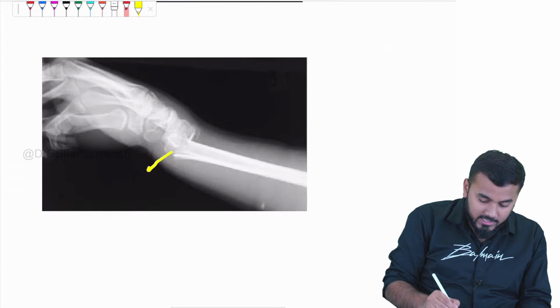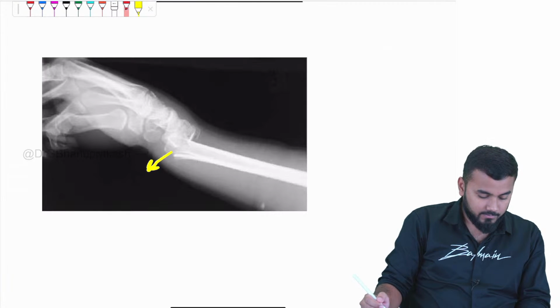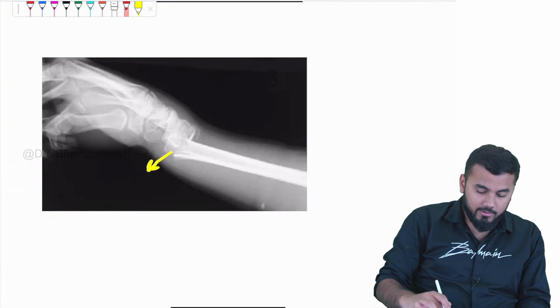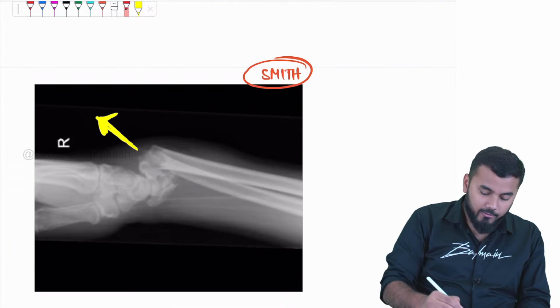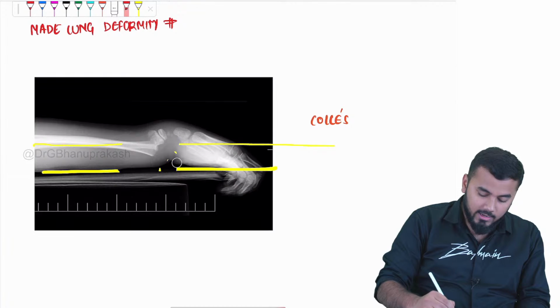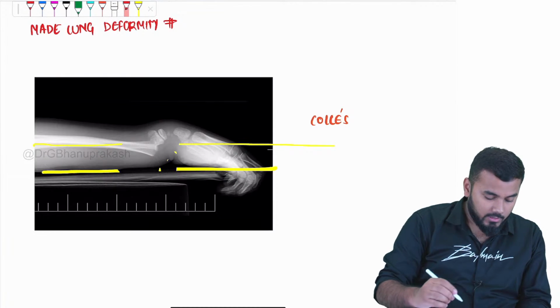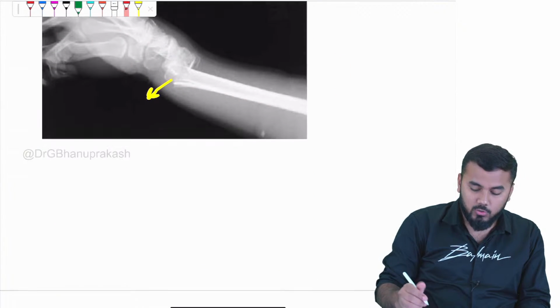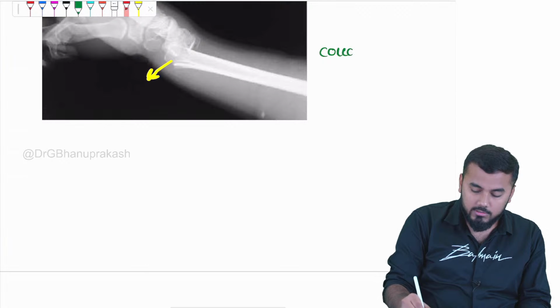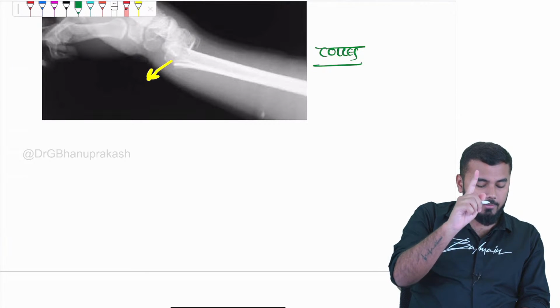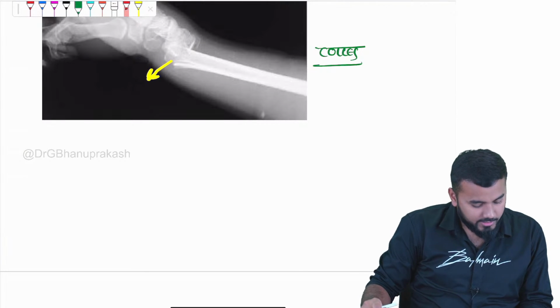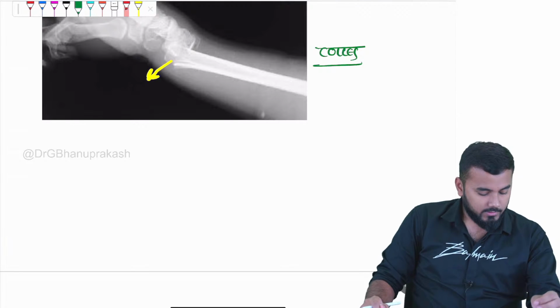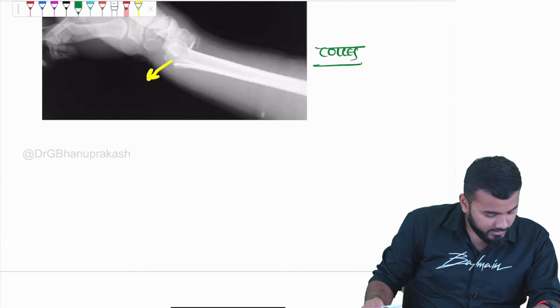Look here, it is facing downwards. Very good. Here it was facing upwards. Here it was facing downwards. So Colles. Excellent, guys. This is Colles. Perfect.